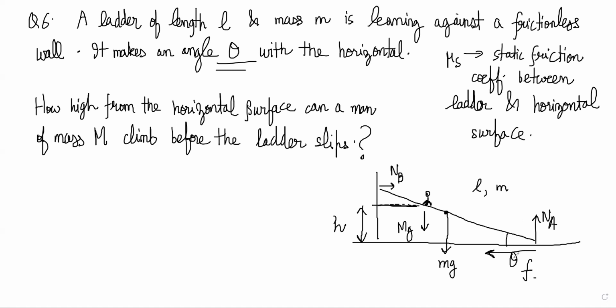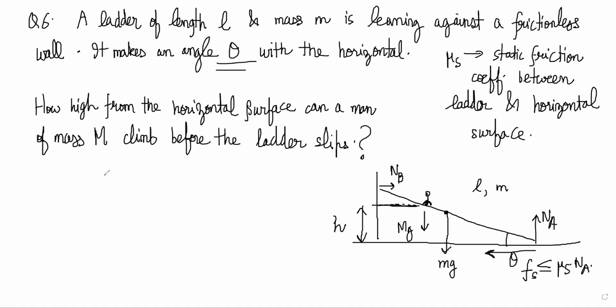So friction is acting here, F, right? And mu s is the coefficient of static friction. In order to find the height at which the ladder is just about to slip, we will say that the static friction force is at its maximum or at its upper limit. Right? Friction static is usually less than or equal to mu s into Na, but we will take it as equal to mu s into Na because it is just about to slip.